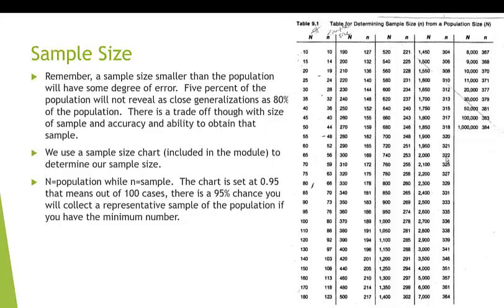If you go in and start looking at data, there are online calculators now that will tell you what your sample size needs to be. They will typically ask you for your error, and we'll talk about that in the next module, but basically this is that plus or minus percentage.